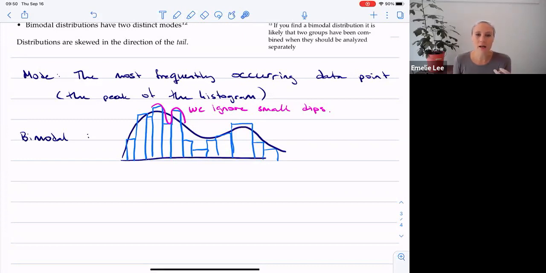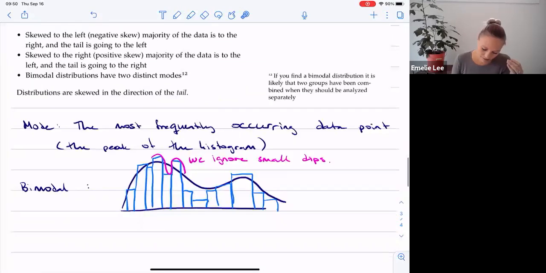The main thing that I want you to remember is, well, one, bimodal distributions are really rare. But if you find a bimodal distribution, okay, I'll highlight this, it's possible, or even likely, that two groups have been combined into one data set when they should probably be analyzed separately. So if you see a bimodal distribution, maybe have a look at some of your categorical variables, right?